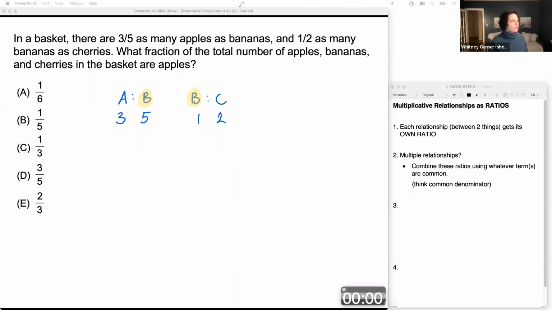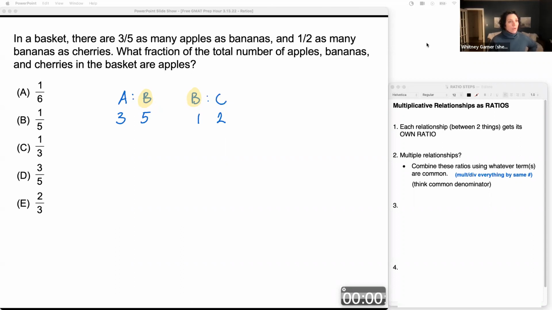So let me make a little addendum: I can multiply or divide everything by the same number, and that keeps my ratio consistent. Think of this like multiplying a fraction's numerator and denominator by the same thing in order to get a common denominator. So I could convert this 1 to 2 into a 5 to something.